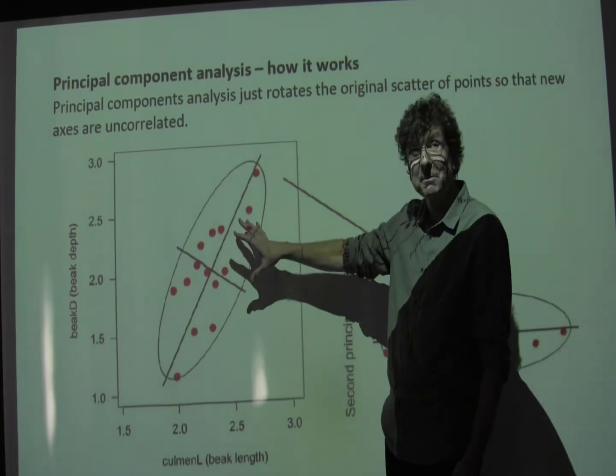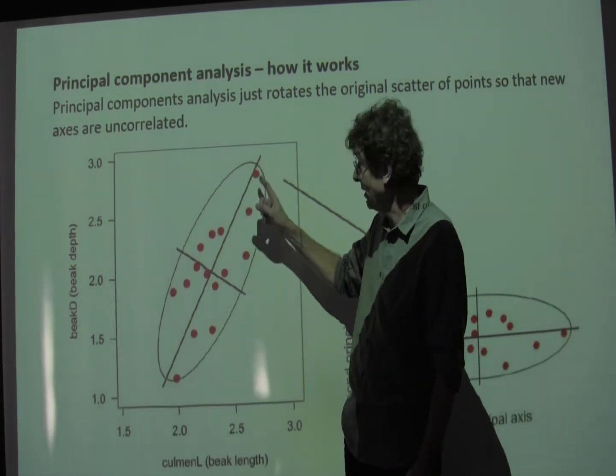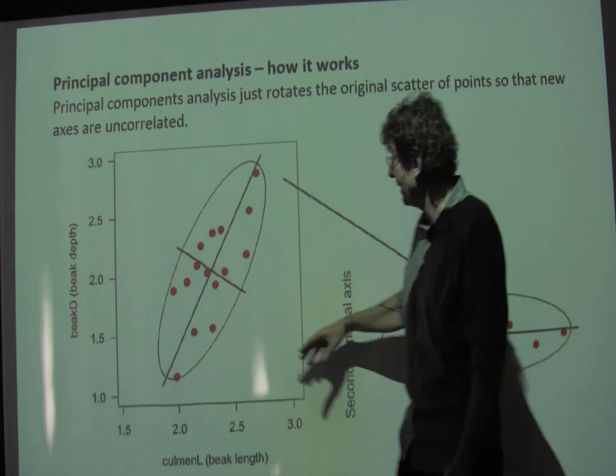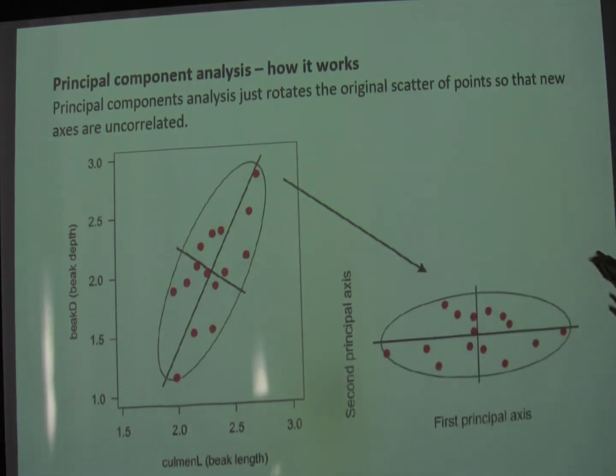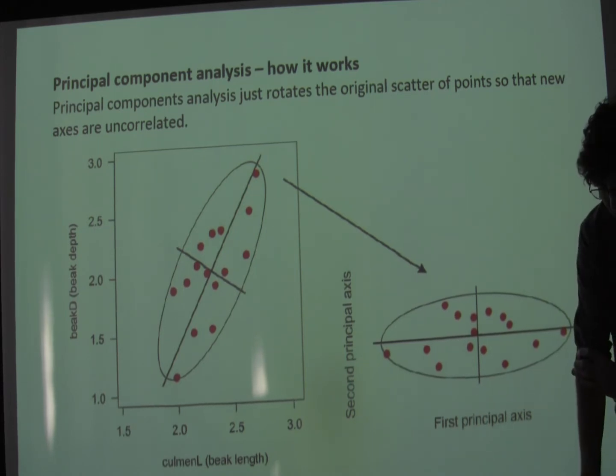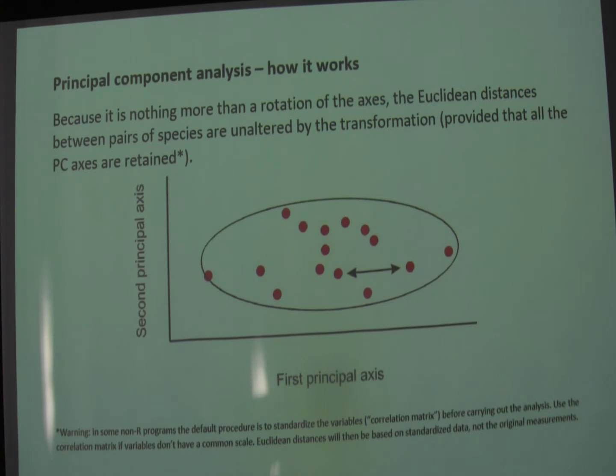And so to do a principal component analysis in 2 dimensions involves basically drawing that line, flipping it, and plotting it. And nothing else has changed. The new axes are uncorrelated. But because all I've done is turn things, the distances between pairs of species are completely unchanged.